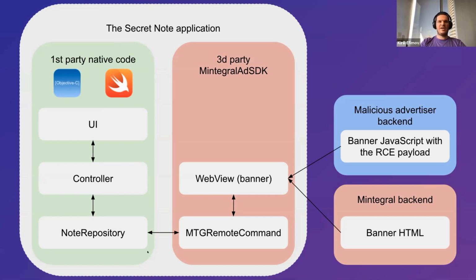It communicates with the third-party code, the MintegralAdSDK, via the MTGRemoteCommand class, which through a web view with the banner communicates with the malicious advertiser backend and the Mintegral backend.